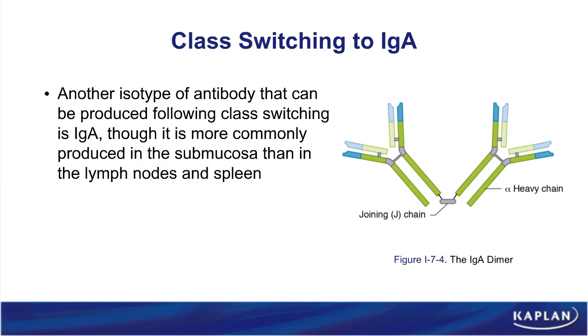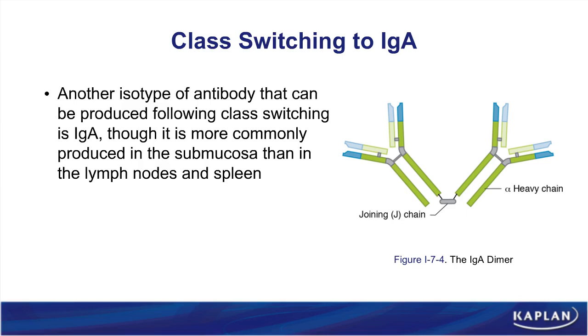Now, if you see an isotype switch to IgA, you need to assume that you are dealing with B cells that are within the submucosal arena. And this is going to occur much more commonly in these areas than you're going to see in the lymph nodes or the spleen.